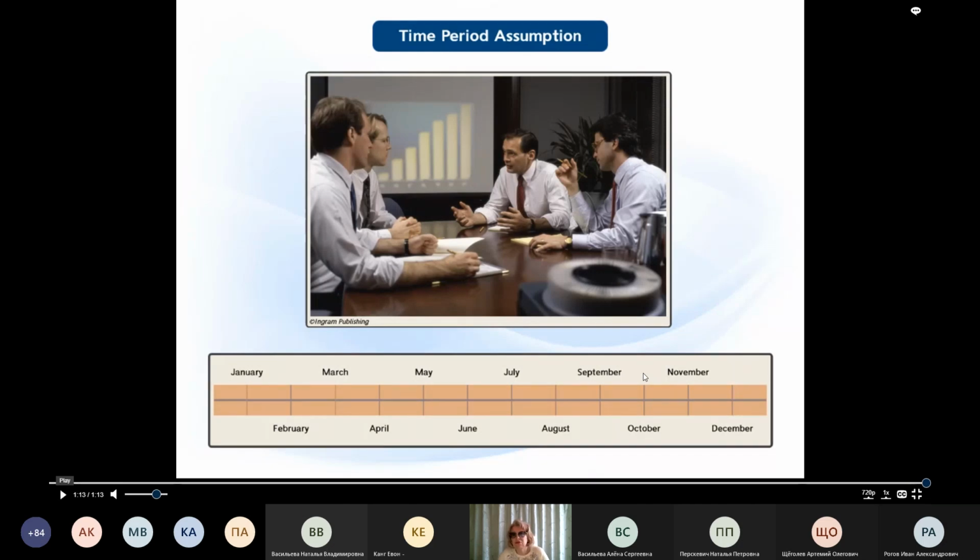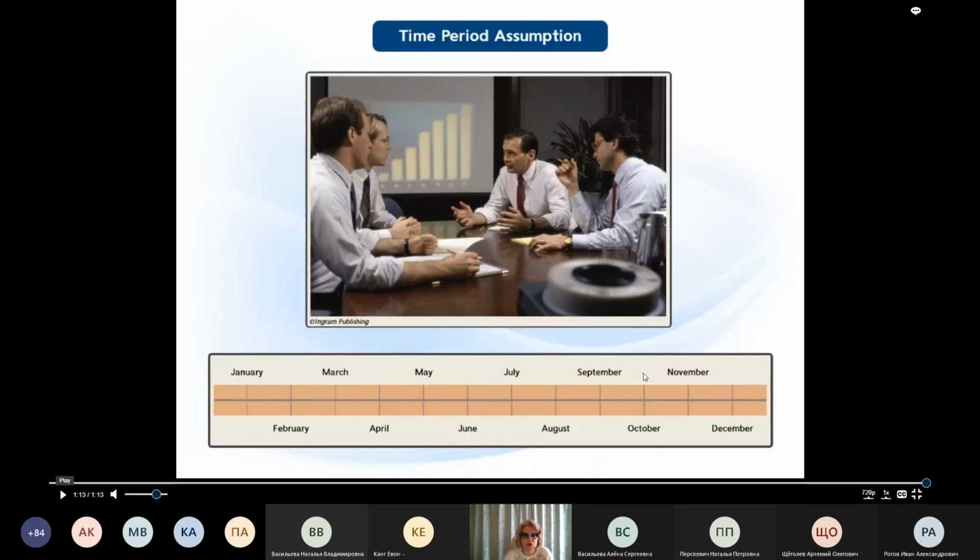So as you see, there is a direct relationship between the operating cycle and the time period assumption. Of course, we understand that in every business, the length of the operating cycle is different.